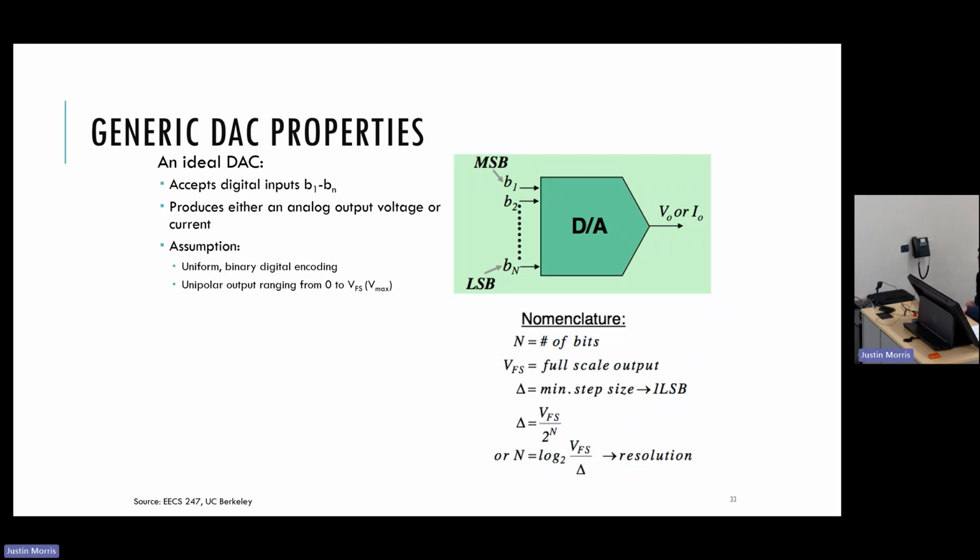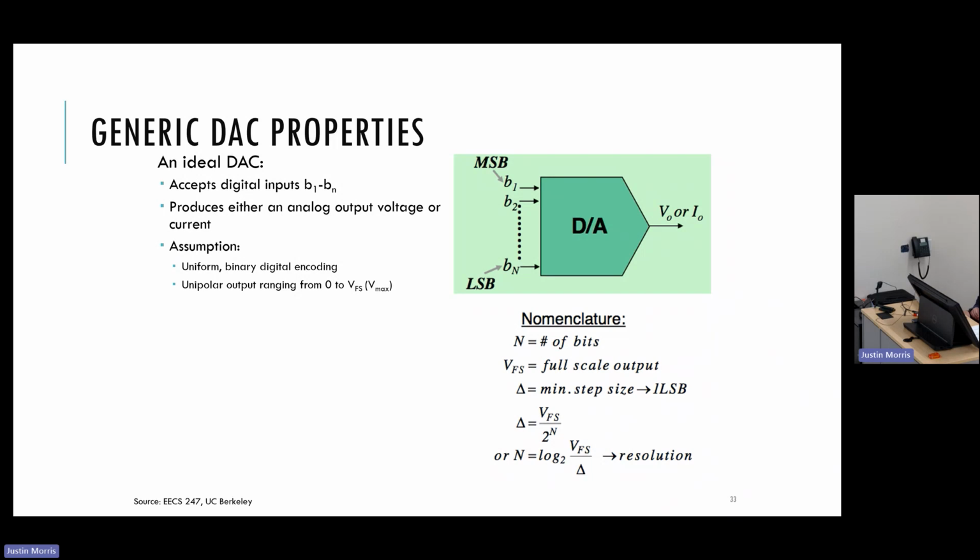All right, so it's 8:30 and we're gonna cover digital to analog conversion today. So the opposite of analog to digital conversion. So this kind of describes an ideal digital to analog converter. It's going to accept these digital inputs, which are going to be binary, and it's going to produce an analog output voltage or a current.